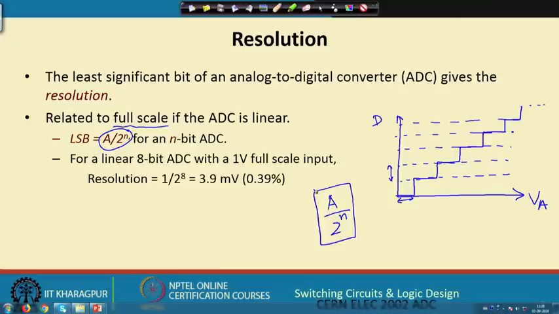Let us take an example. Suppose I have an 8-bit AD converter with a full scale voltage of 1 volt, then full scale voltage 1 divided by 2 to the power 8, this many volts, comes to 3.9 millivolts.